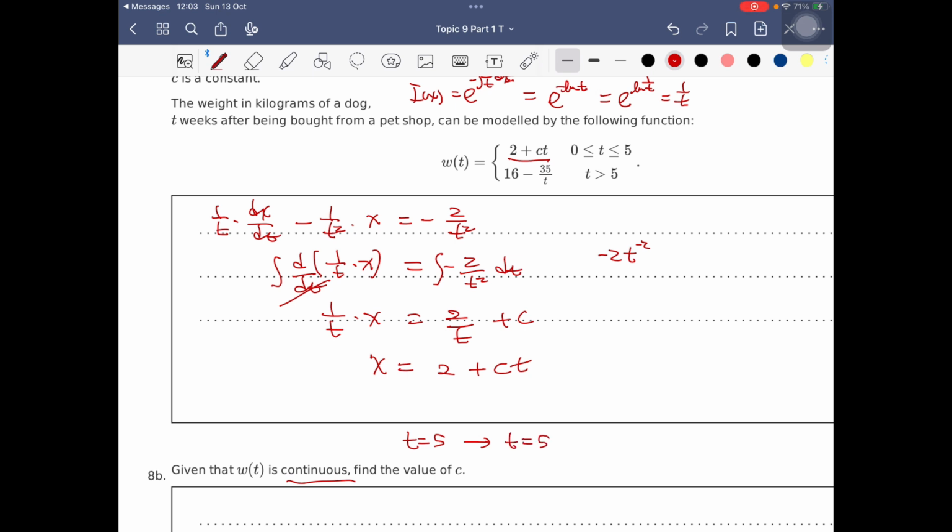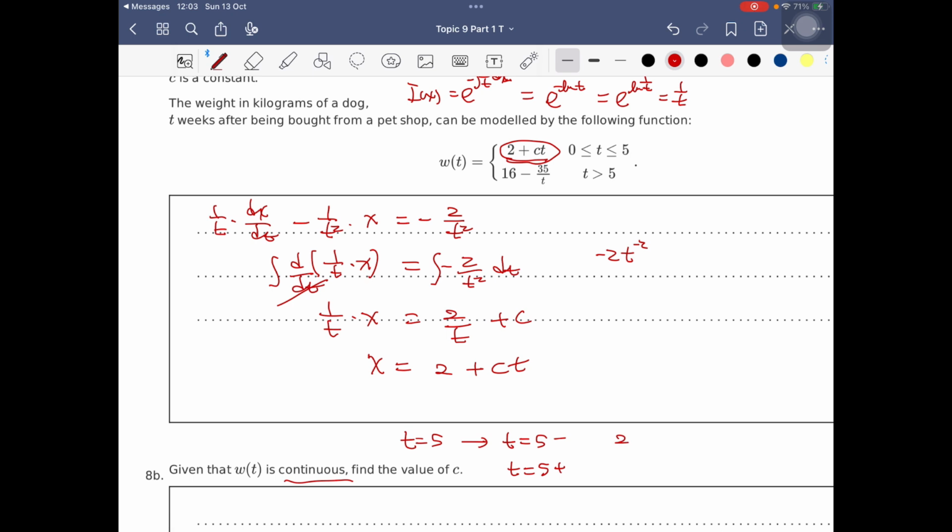So t to 5 minus, which is from the negative side, and 5 plus from the right side. From the negative side, we can apply that one. So 2 plus 5c. On the right side is 16 minus 7, which is 9. So this and this should be together. 2 plus 5c is 9. So c is 7 over 5.